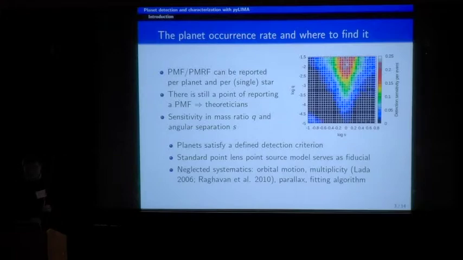So we are looking for ways of overcoming that issue here with PyLIMA and a slightly modified approach. We define a detection criterion quite often as something which comes with a delta chi-square and usually some assumed Gaussian noise, but there's no reason not to improve these things and make it more flexible.